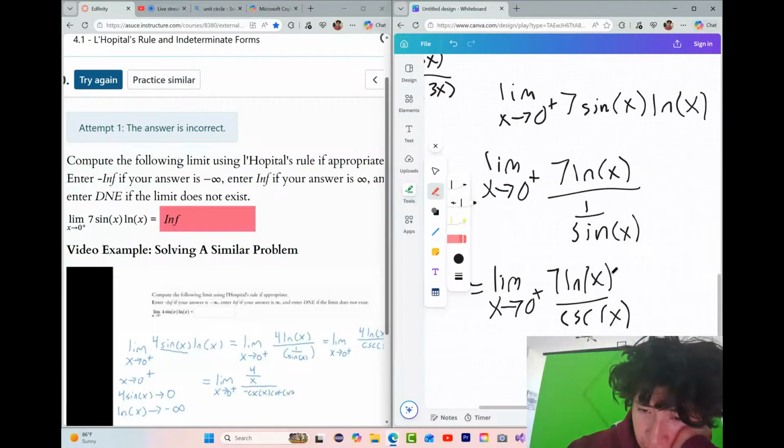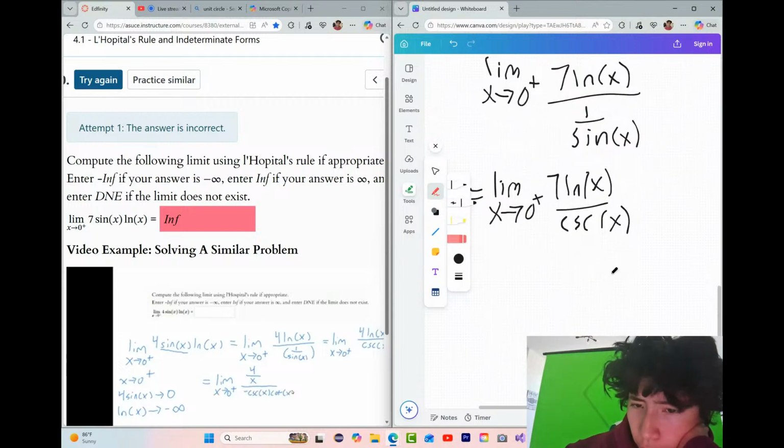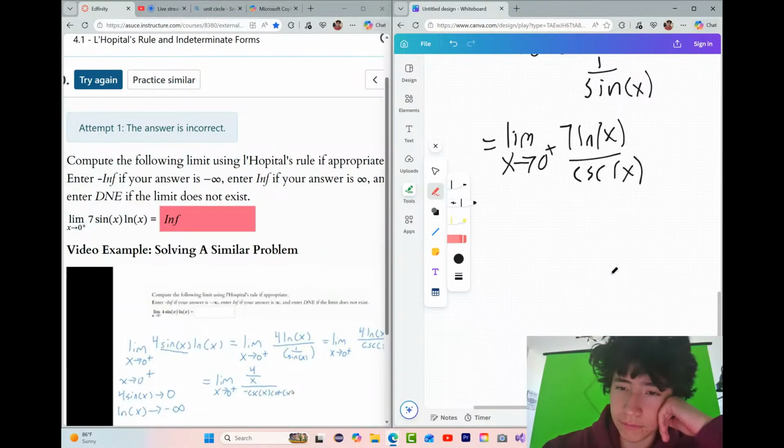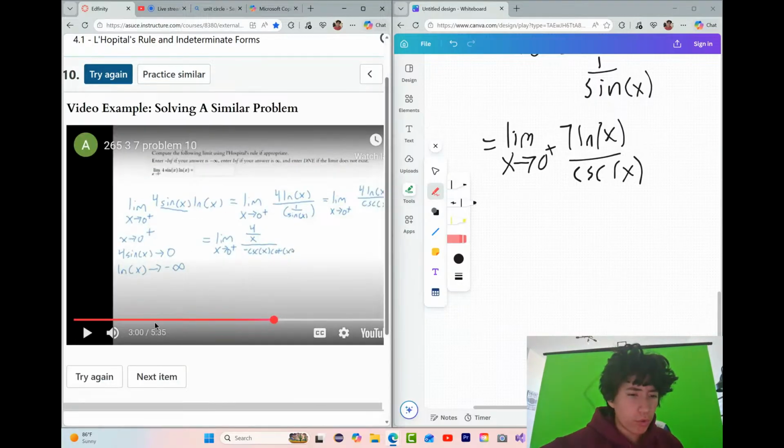Now let's see if we get an indeterminate form. Well, we simply rewrote this. Why did we reread it?